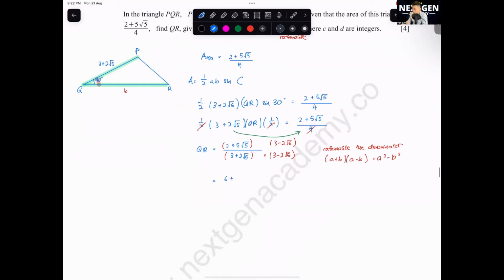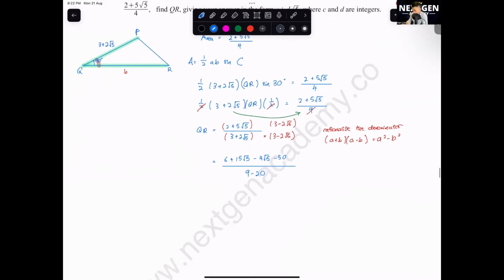Here we get 6 plus 15 root 5 minus 4 root 5 minus 50 over 9 minus 20. Simplify it further: 11 root 5 minus 44 over negative 11 equals 4 minus root 5.